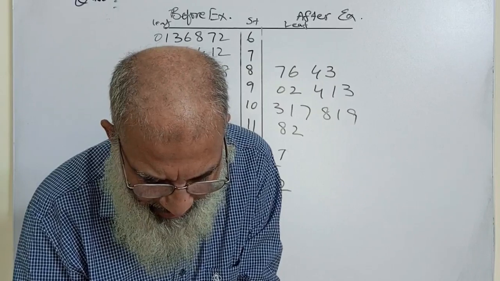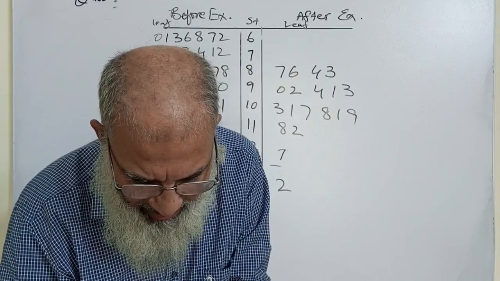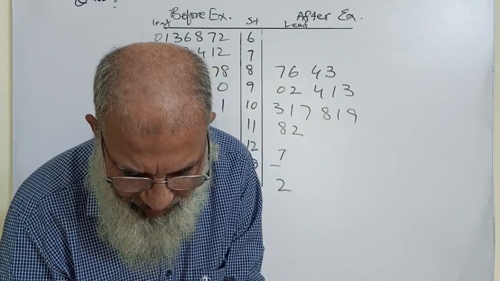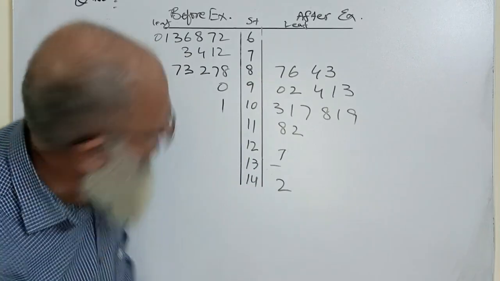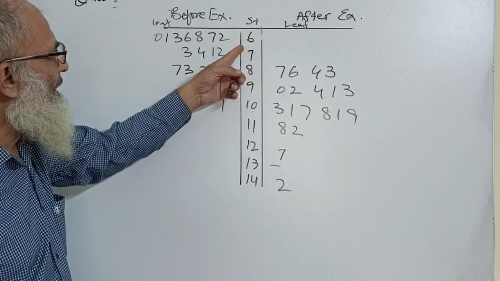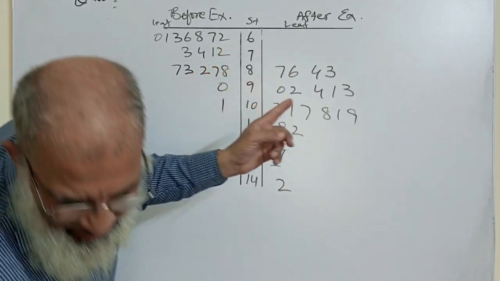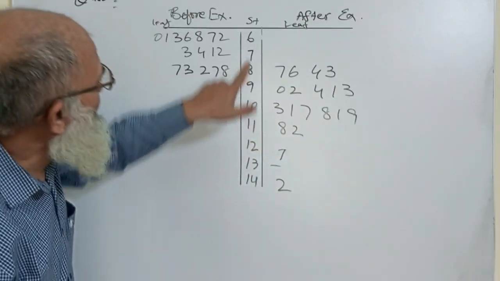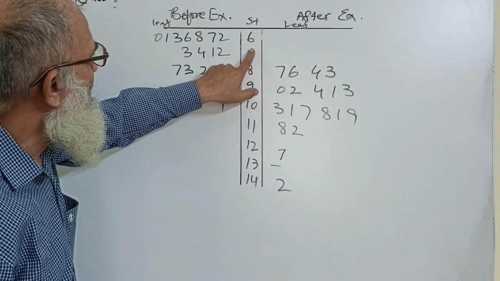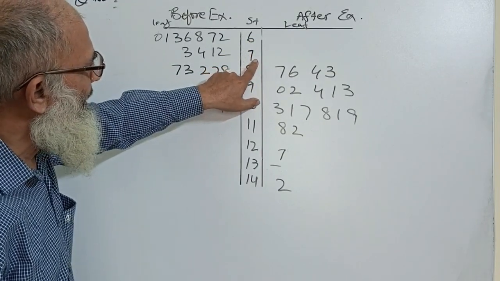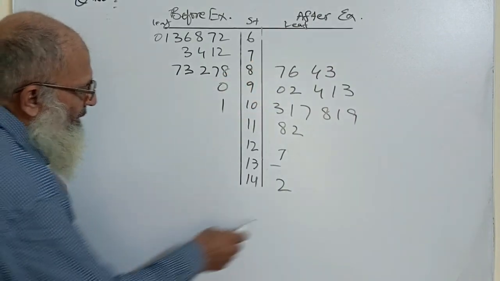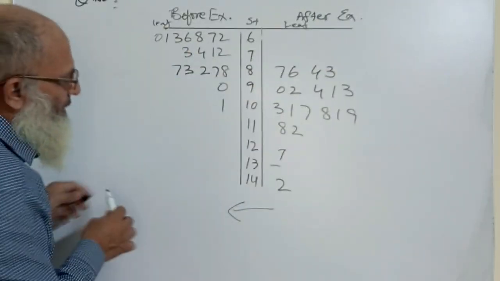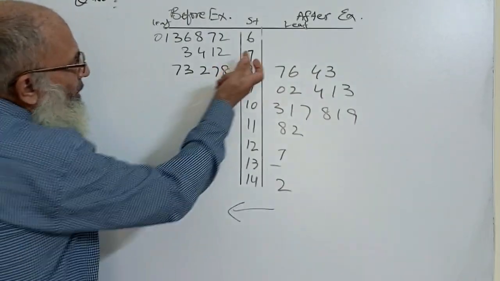How many people had a resting pulse rate before exercise in the range of 60 to 70 beats per minute? Before exercise, between 60 to 70 beats. We'll read it from this side.